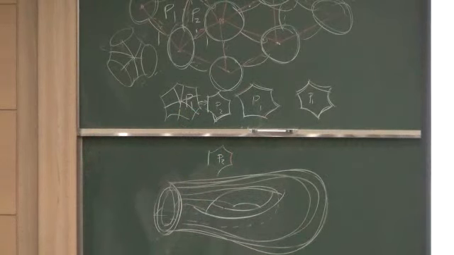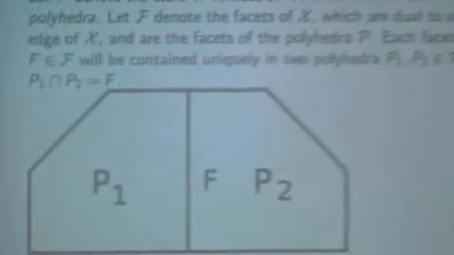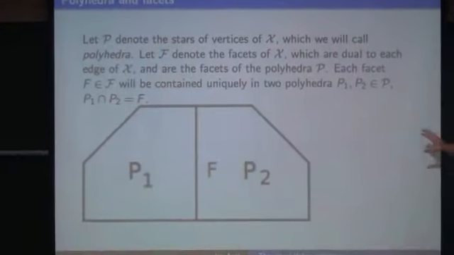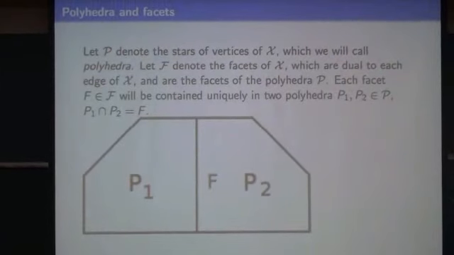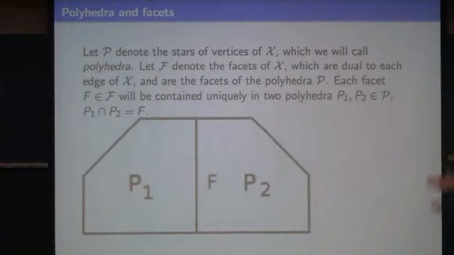So the gluing equation, so I let P be the stars of vertices of X. I'll call it, so these are the polyhedra, and F is the facets of these polyhedra. So in this case, it's just the edges of those hexagons.